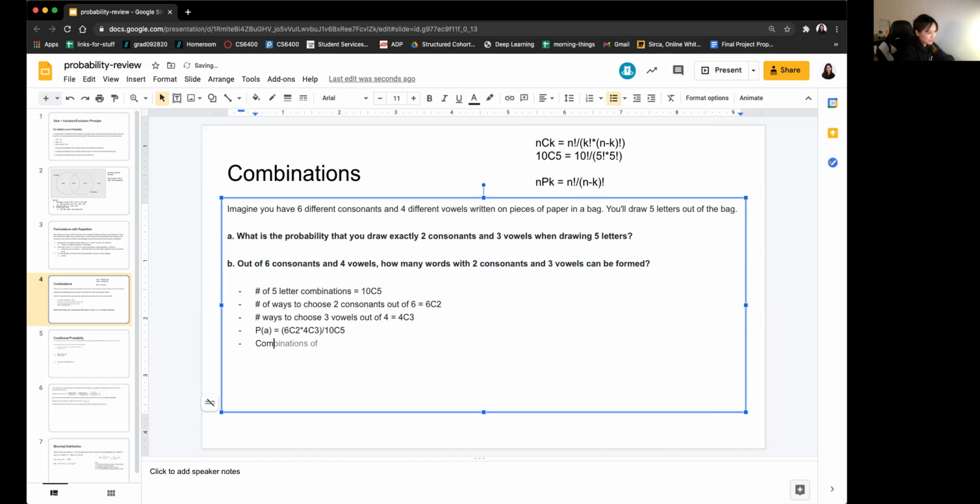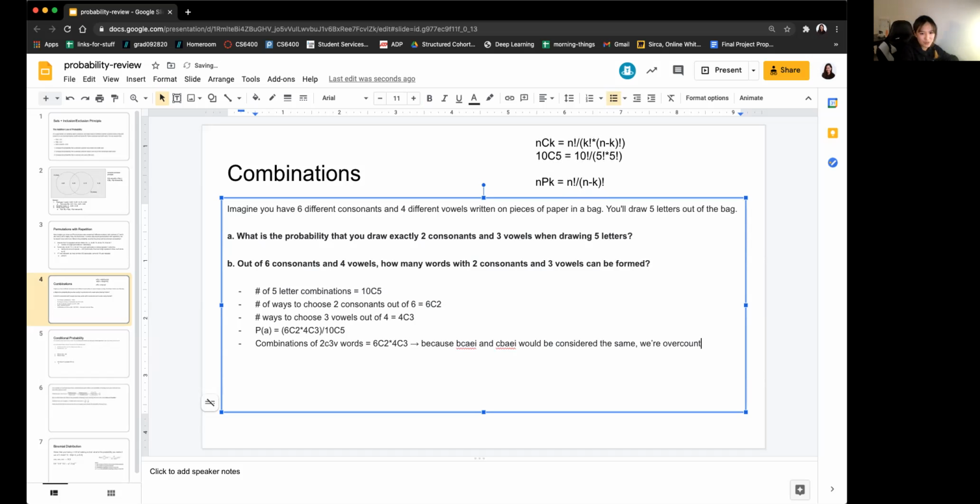So the total number of 2 consonant and 3 vowel words is equal to this times 4C3. And because BCAEI and CBAEI would be considered the same, we're undercounting.